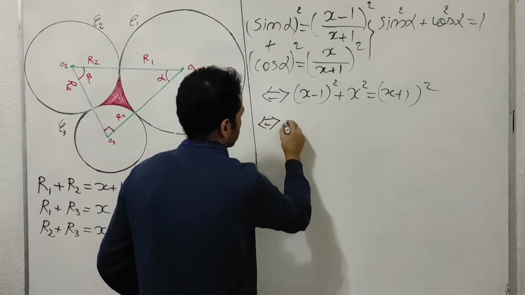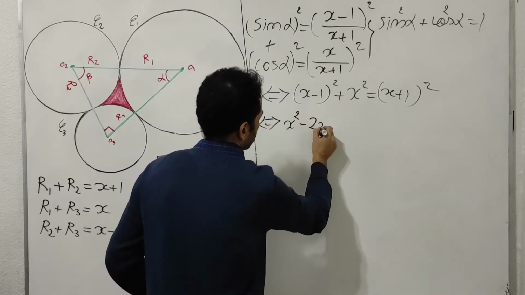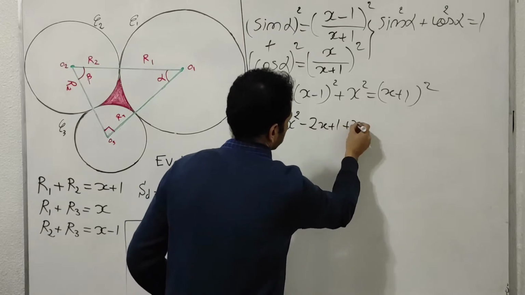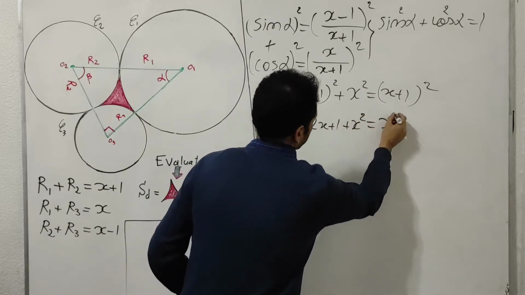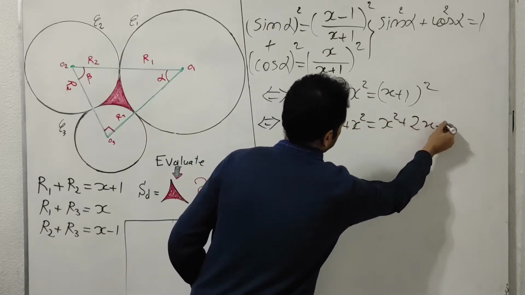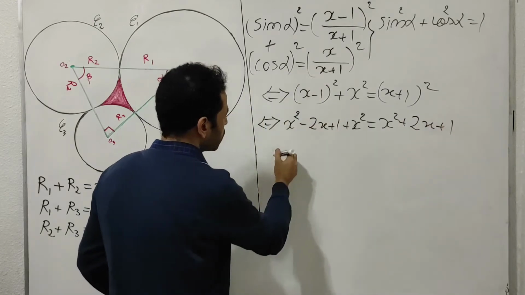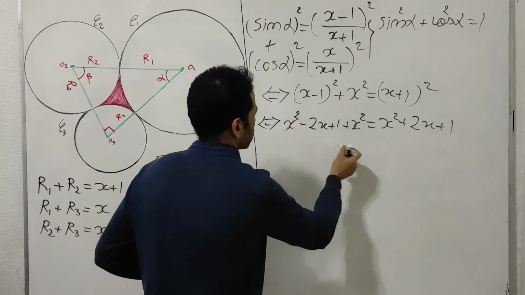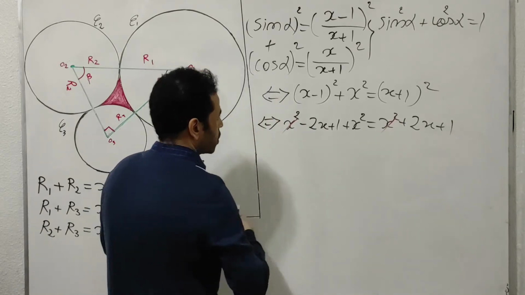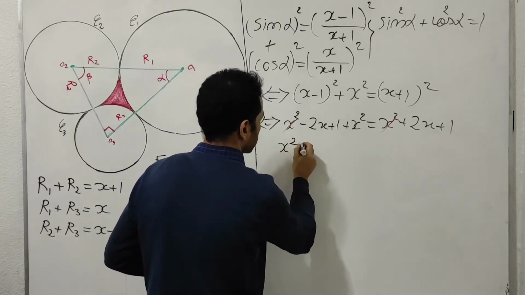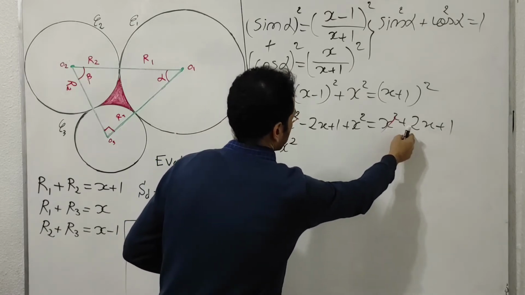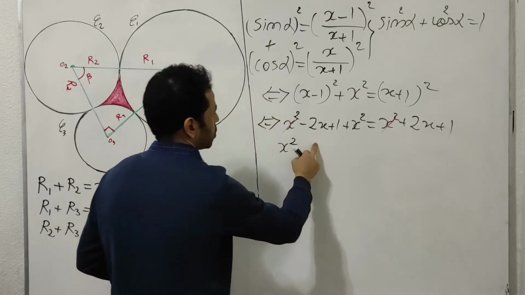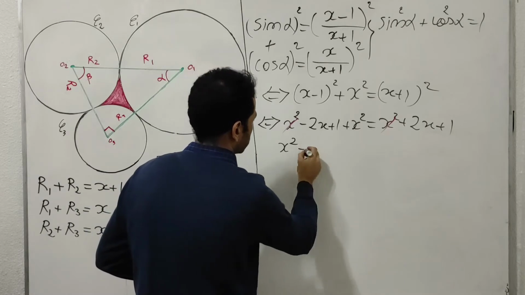It's equivalent to x squared minus 2x plus 1 plus x squared equal to x squared plus 2x plus 1. Okay, so one of the x squared will be cancelled out, so we'll get x squared. By bringing this 2x and plus 1 to the left hand side of this equation, I will get x squared minus 4x.